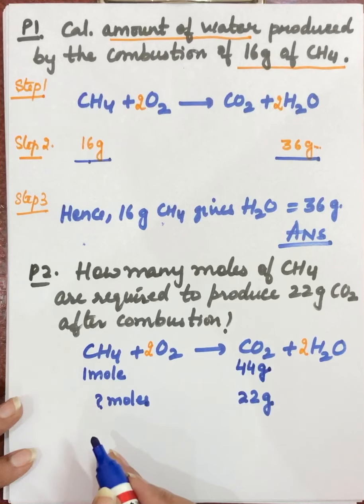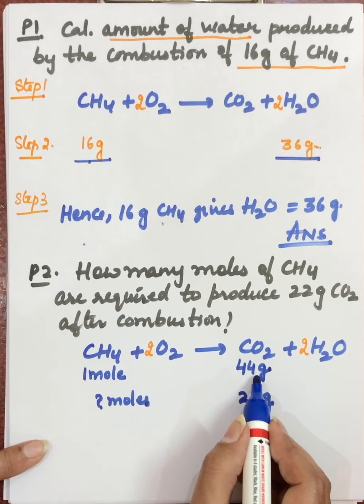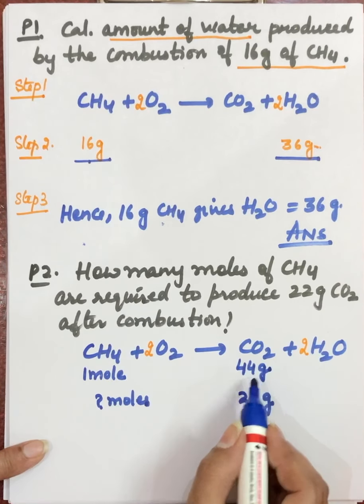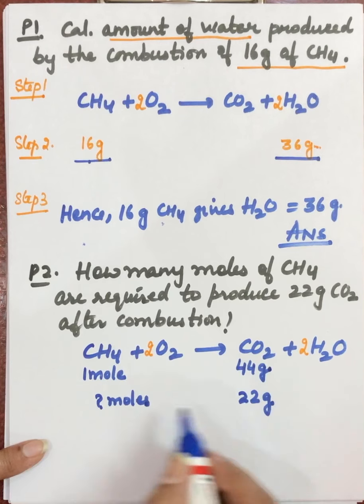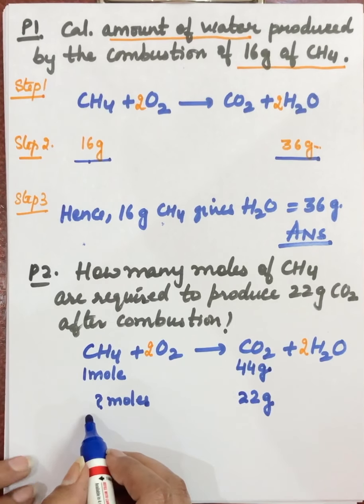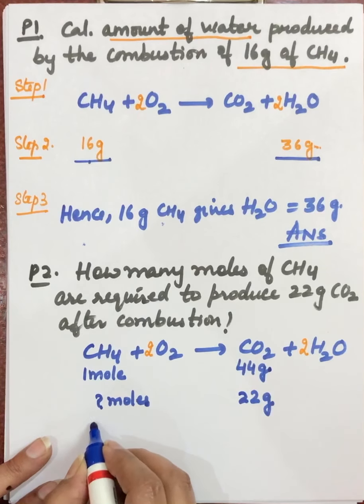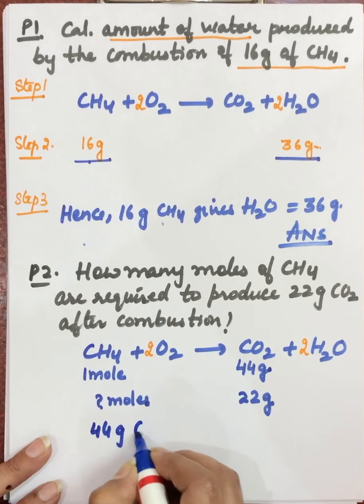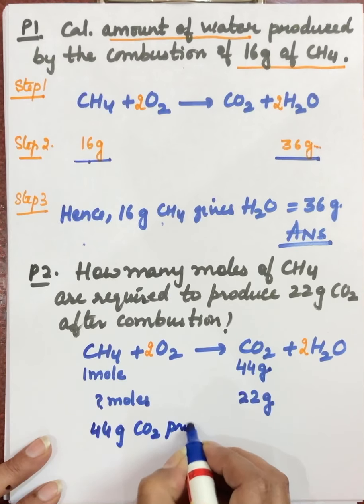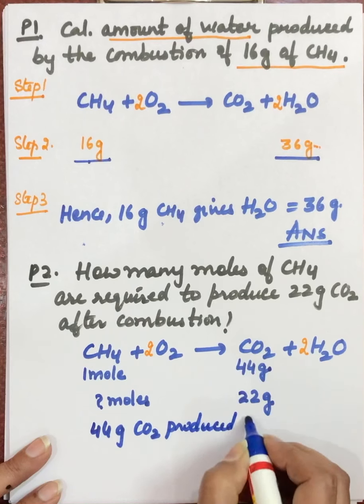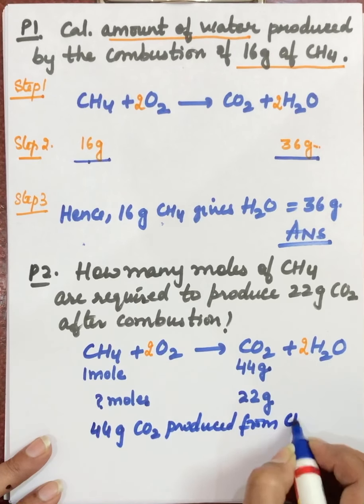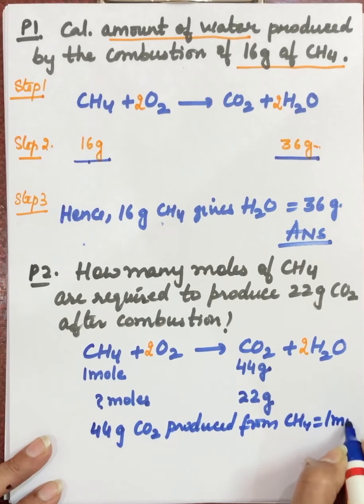And last step is now use unitary method. So see, 44 grams CO2 is produced when we take how much of the methane? 1 mole. 22 gram of carbon dioxide will be produced when we take how much amount of the methane? So the unitary method: 44 grams CO2 is produced from methane equal to how many moles? 1 mole.